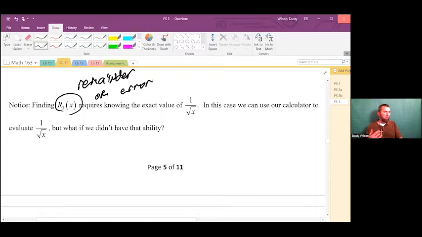In this case, we can use our calculator to evaluate 1 over square root of x and get a value good to 13 decimal places. But what if we didn't know the exact value? How would we be able to say something about the remainder, about the error in that case?